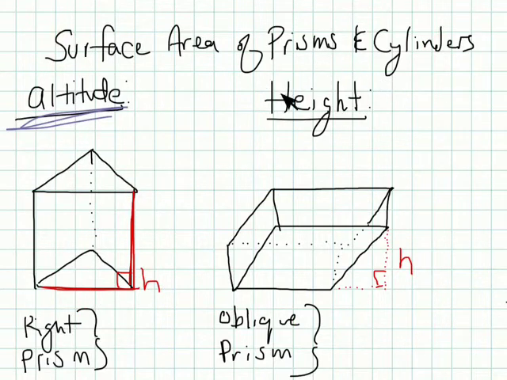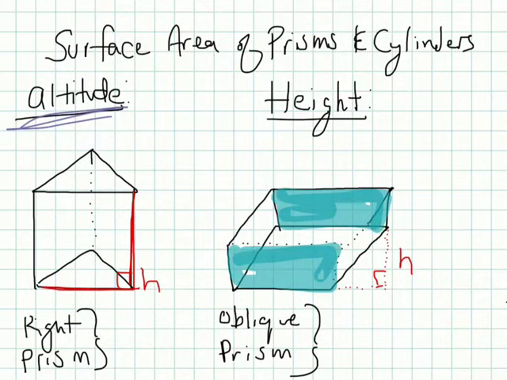The next thing we're looking at is height. Let me show you this example too. Let me color this in for you so you can see exactly what's going on here. If these two are your bases, the altitude needs to connect these two planes.